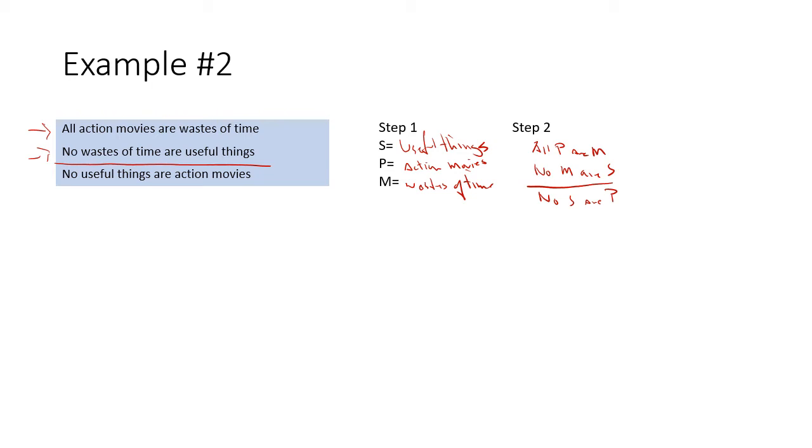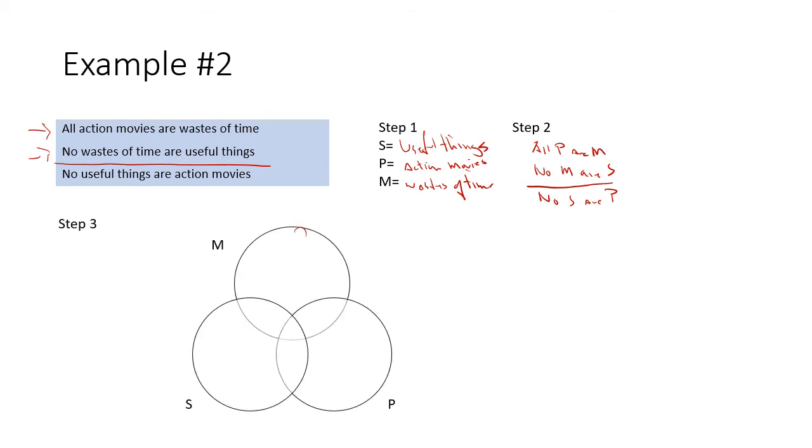If you do it differently, it could still work out. It's just that your picture will look different than mine, and it may be harder to interpret. But nevertheless, let's fill in with what we have.